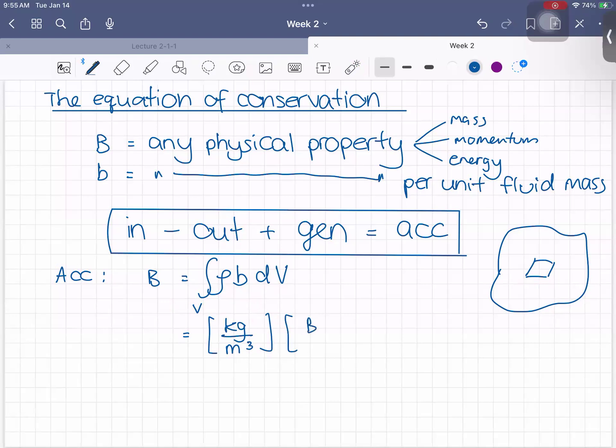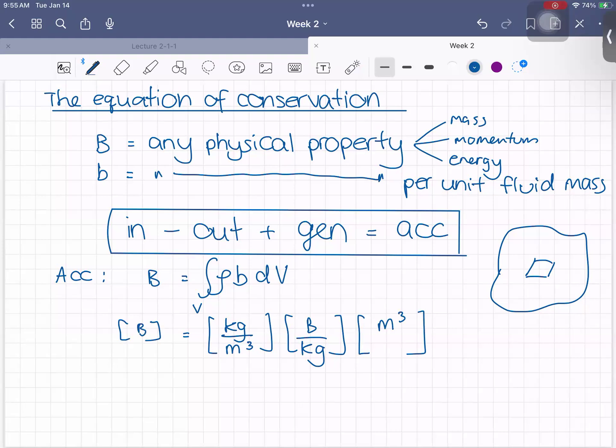It is B divided by kilogram, because it's per unit of fluid mass. And dV is here. So the unit for the right side will be equal to B. Both sides' units are equal.